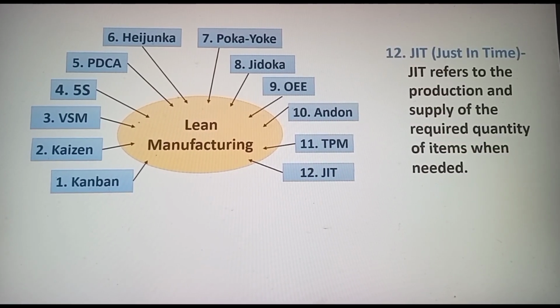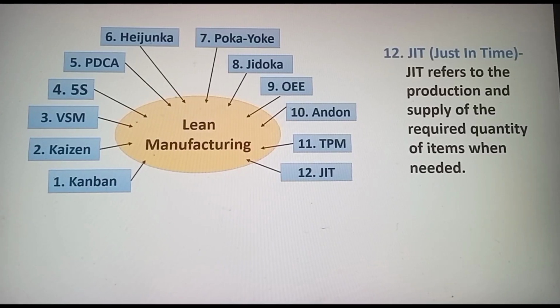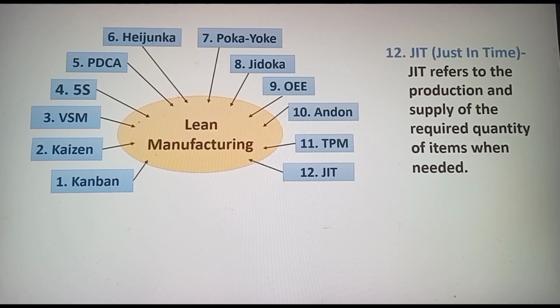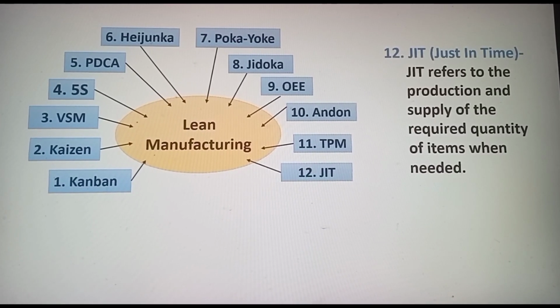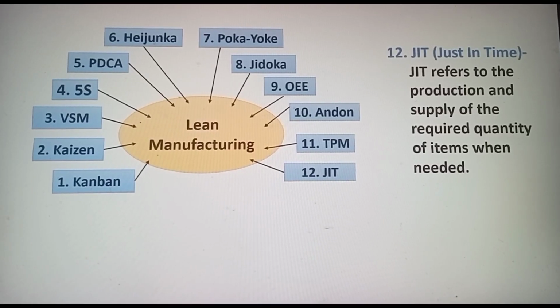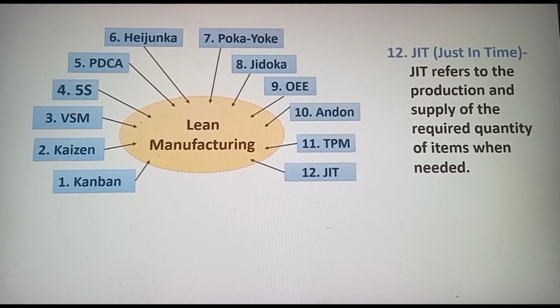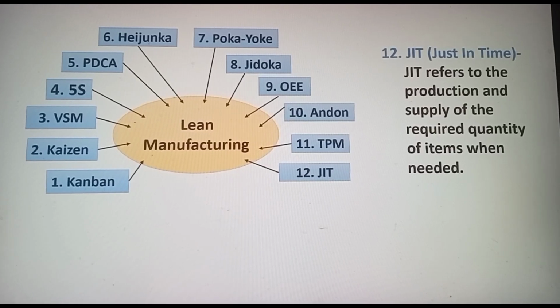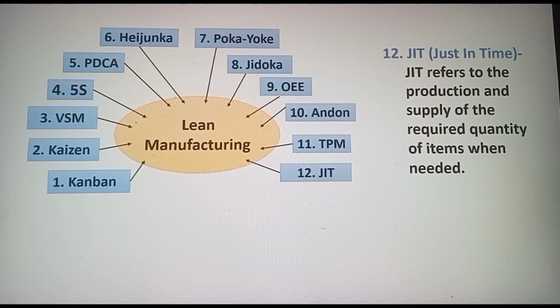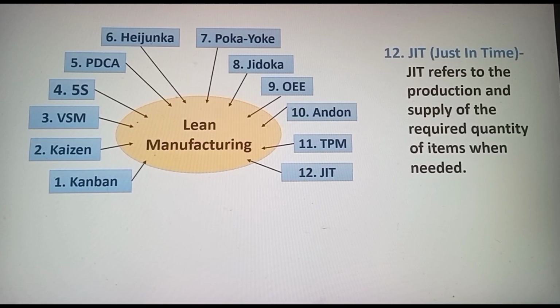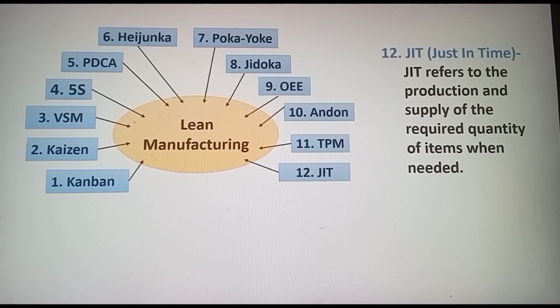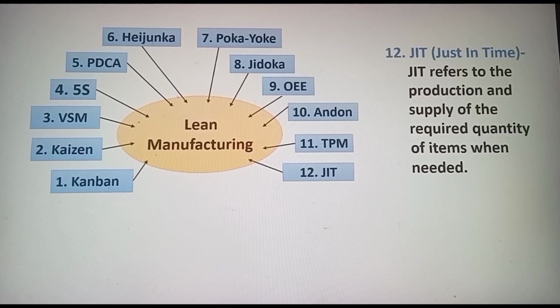Number 12, JIT, just in time. JIT refers to the production and supply of the required quantity of items when needed. The goal of JIT is to reduce the levels of waste materials, time, excess inventory and efforts involved in the production process.